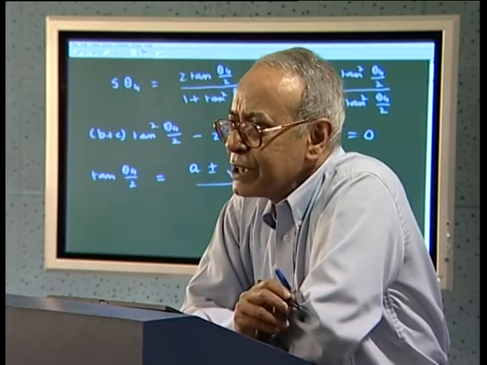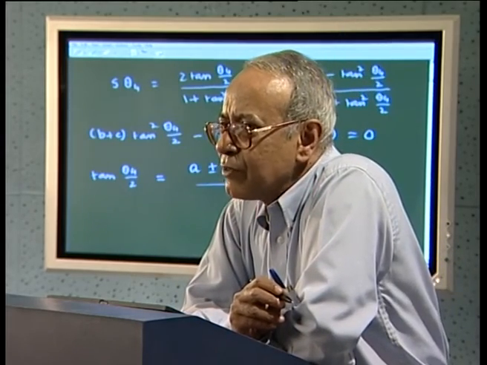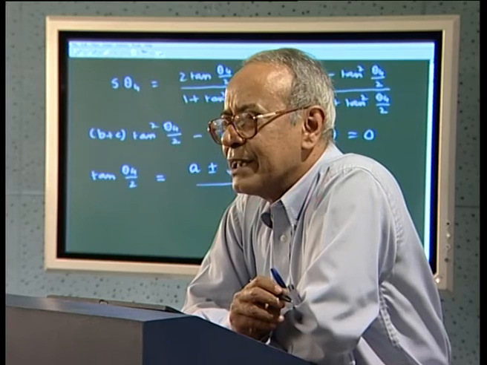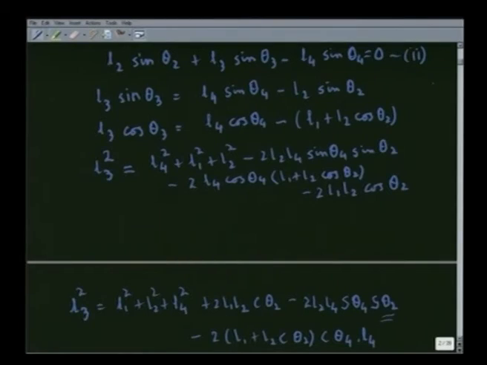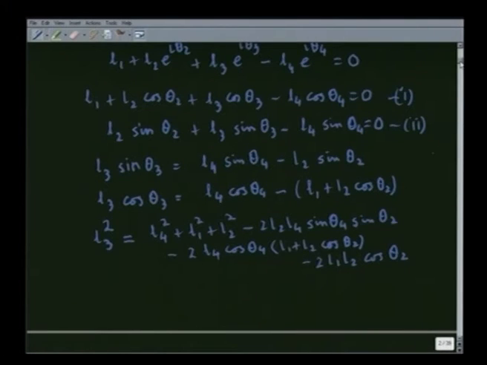Suppose we are also interested in finding the orientation of the coupler, that is the angle theta 3. If we look at these two equations, we see L3 and L4 are appearing exactly the same way, only L3 is appearing on the left hand side and L4 is appearing on the right hand side. It is even more clear if we look at equations number 1 and 2.